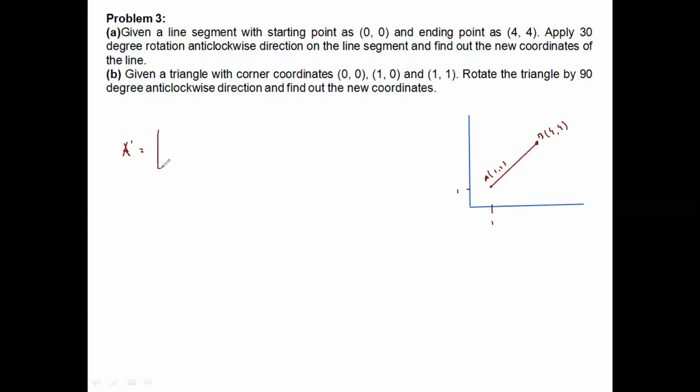A dash will be the matrix of rotation. I'm directly writing the values of sine theta and cos theta: cos 30 is 0.8660 and minus 0.5, and this is 0.5 and 0.8660, multiplied by the point A, which is 1, 1.